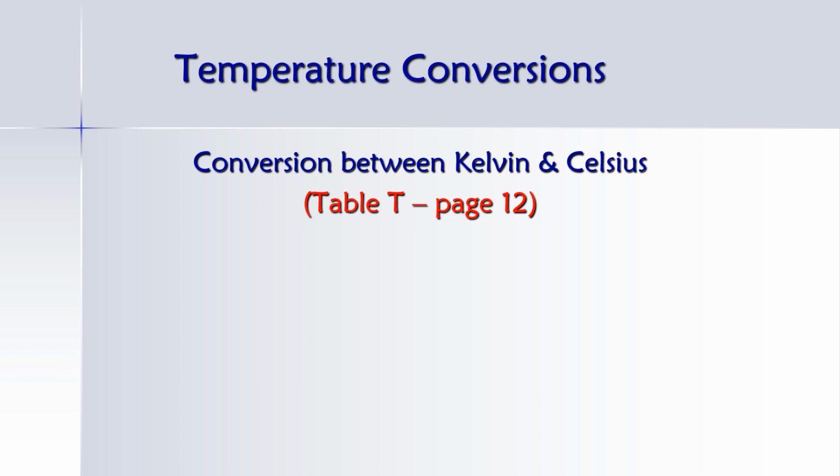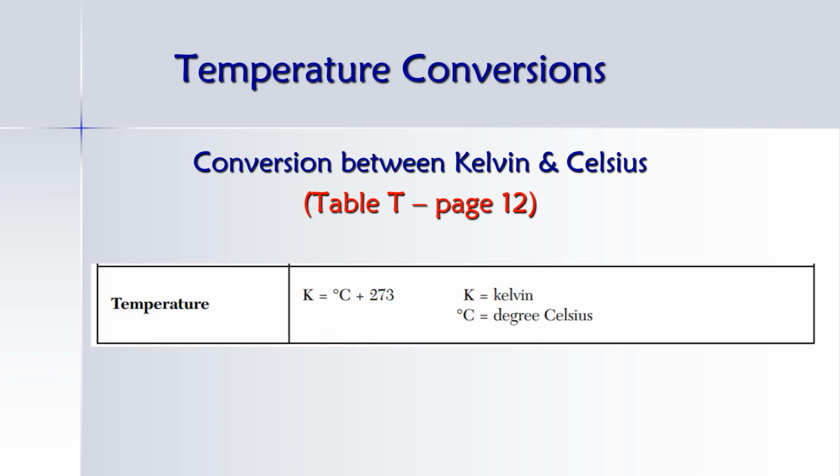If you look at table T in your reference table packet, which is on page 12, you are given this equation to convert degrees Celsius temperature into Kelvin temperature. So if you ever get a question where you have temperature in degrees Celsius and you want to convert that to Kelvin, just add 273 to that. However, if you have to convert Kelvin to degrees Celsius, how do you do that?